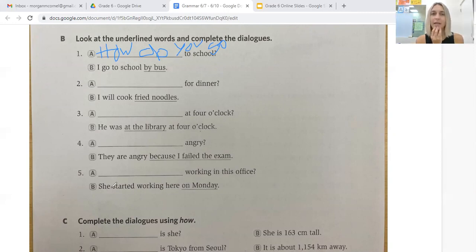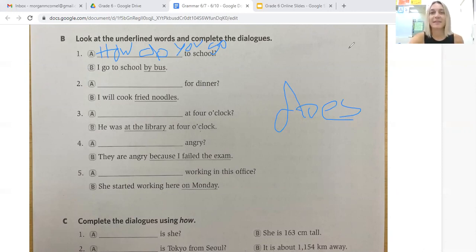I wouldn't say, how do she go? You know, if not, I'll help you out. How does she go? Does for he, she, or it. If it's they, you also use do. How do they go? Yeah, you wouldn't ask, how do we go? Because if you're in the answer, you already probably know that, right?